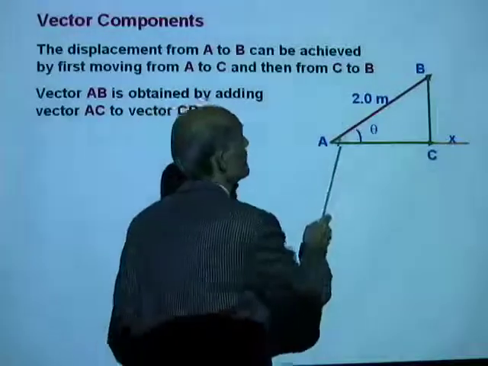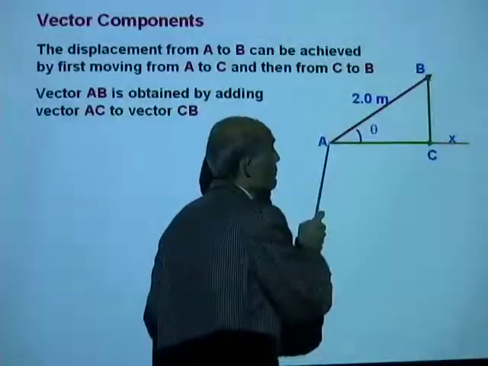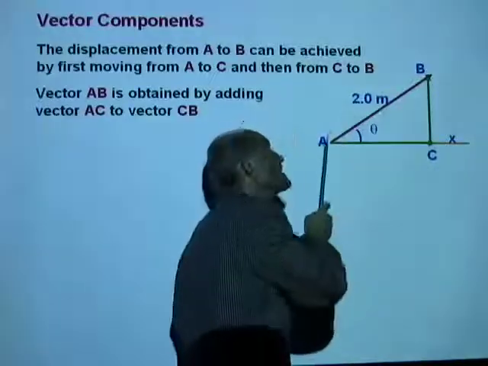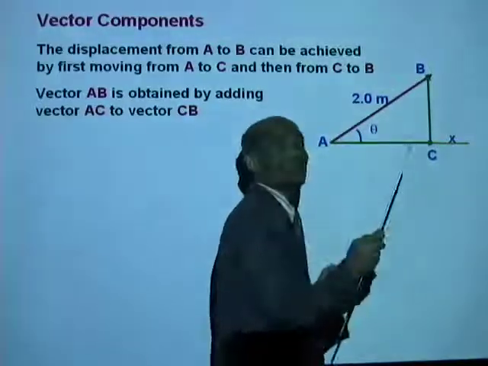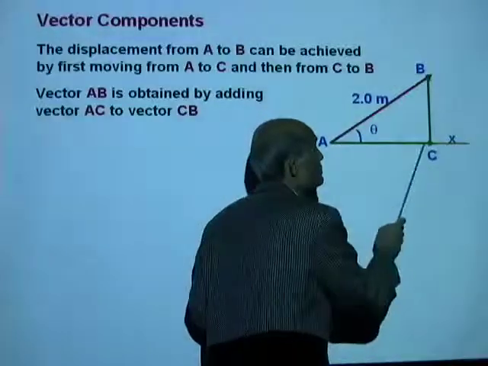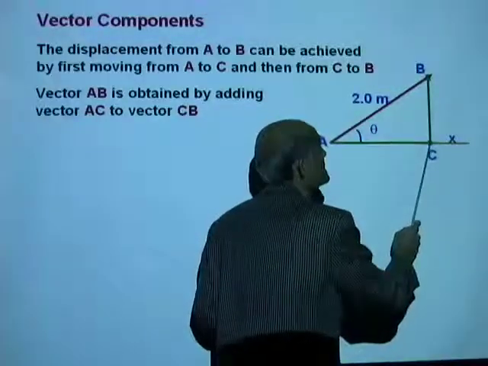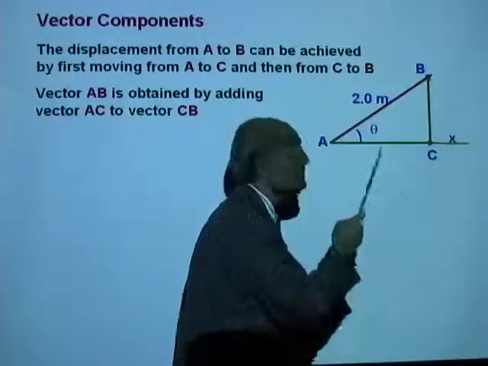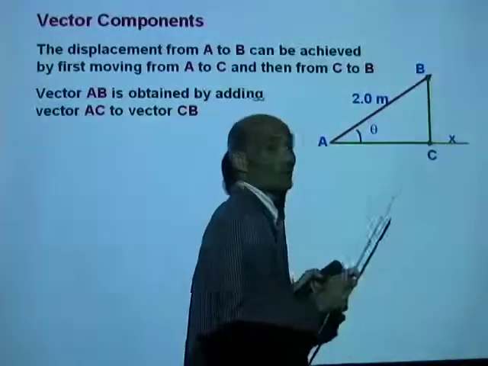In other words, the result of the vector AC and the vector CB is the vector AB. Adding vector AC to vector CB gives me the resultant vector AB.